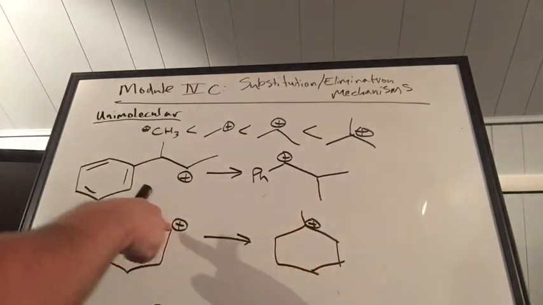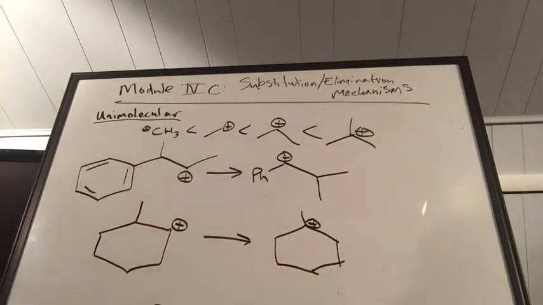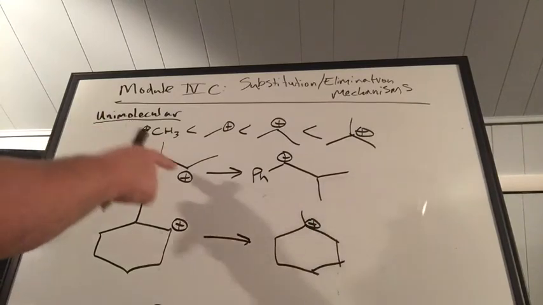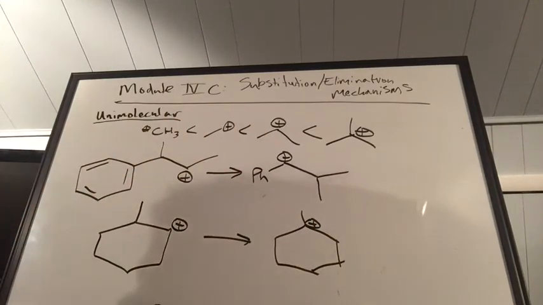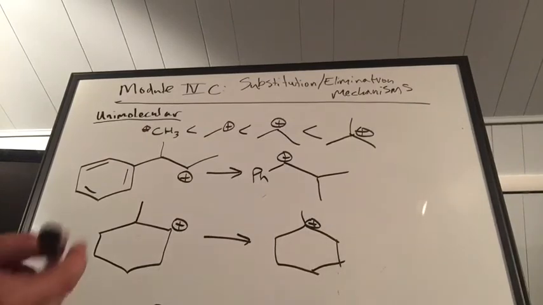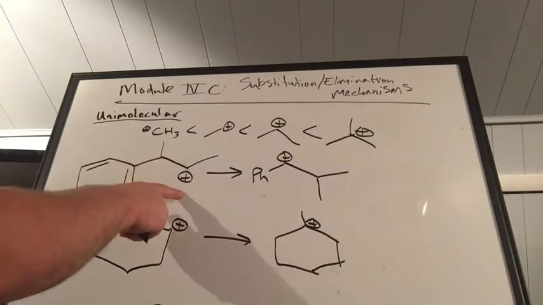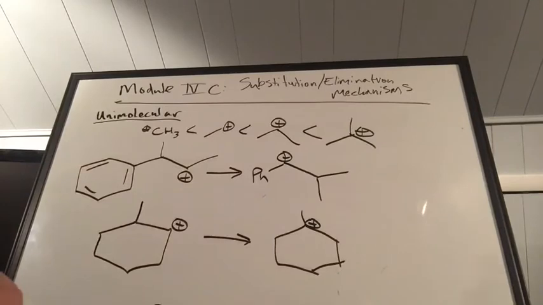Okay, so secondary carbocation to a tertiary carbocation. This is secondary, so see what you come up with for those examples. Just pause a minute. Okay, so notice how it's secondary here, secondary here.